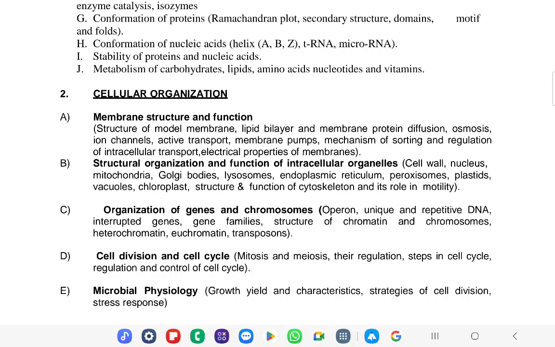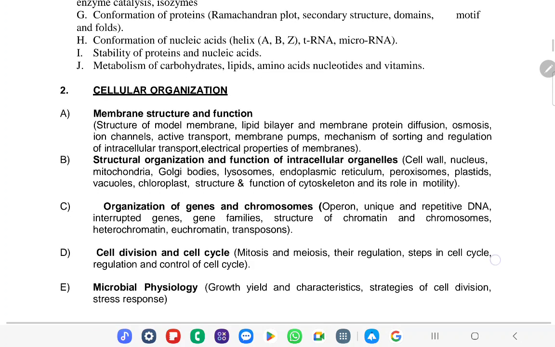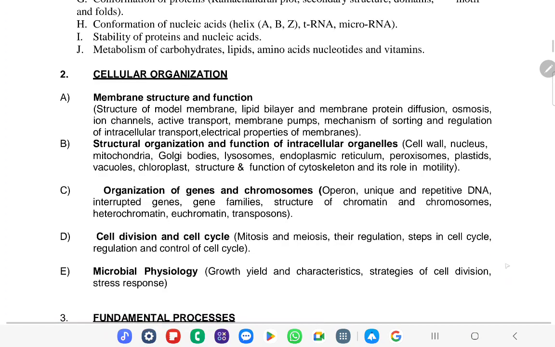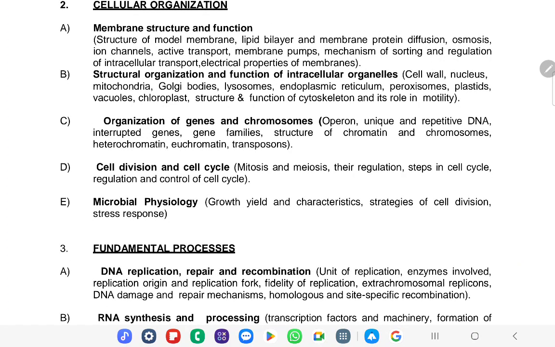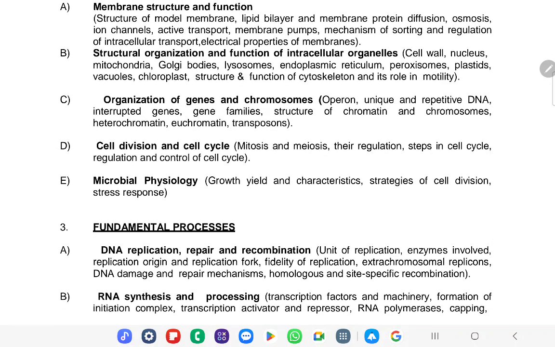Then structural organization and functions of intracellular organelles, organization of genes and chromosomes, cell division and cell cycle, microbial physiology. Each subtopic we can discuss in different sessions, so I hope you will keep browsing our channel to learn more about the subtopics of each unit.